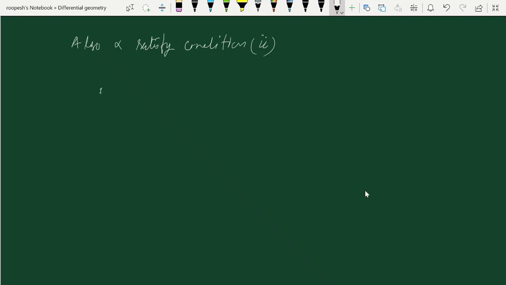First thing I am noting: since (G composition alpha 1)' of t is equal to del G of alpha 1 of t dot alpha 1 dot of t, by chain rule. Now this is nothing but V dot V, which is greater than 0.